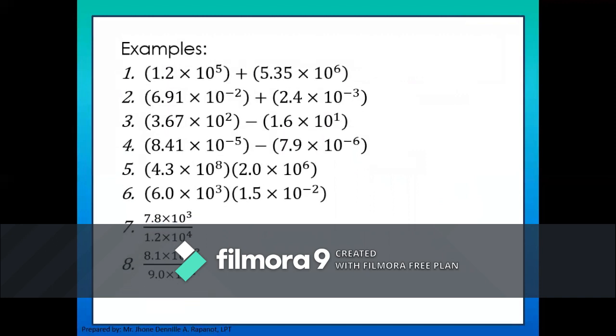So for number one, we are to add this given. Likewise with number two. For number 3 and 4, we have to subtract them. For number 5 and 6, we have to multiply them. And for number 7 and 8, we have to divide them. So we're going to solve each number and we have to apply the rules for each operation.